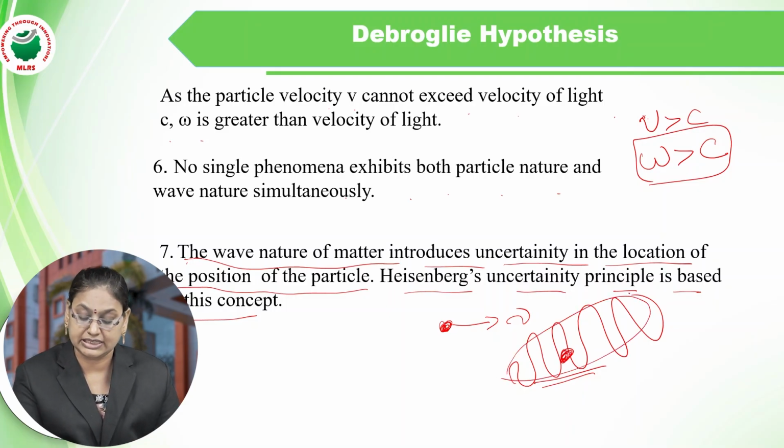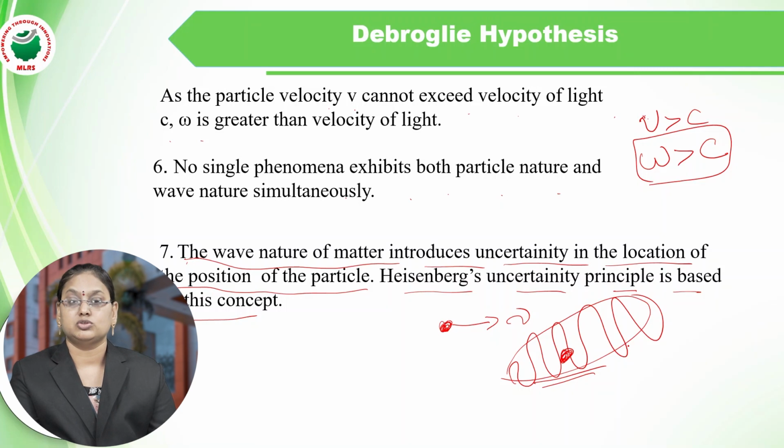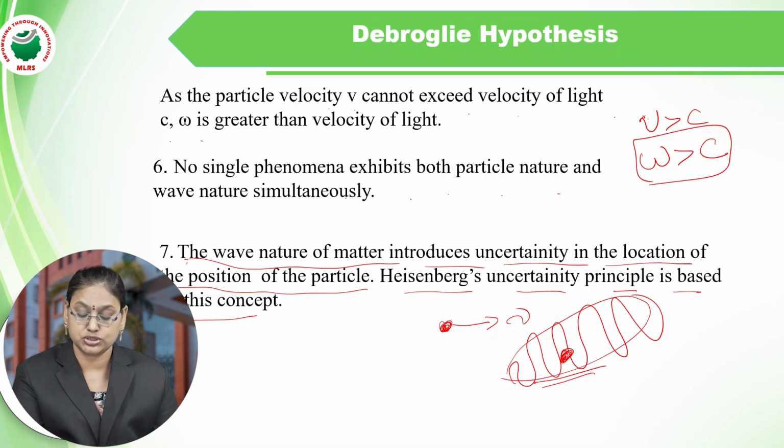So we cannot find the exact position of the particle. This dual nature of matter created uncertainty in the position of the particle, and this has led to a new principle known as Heisenberg's uncertainty principle. This principle we'll see in the next class.